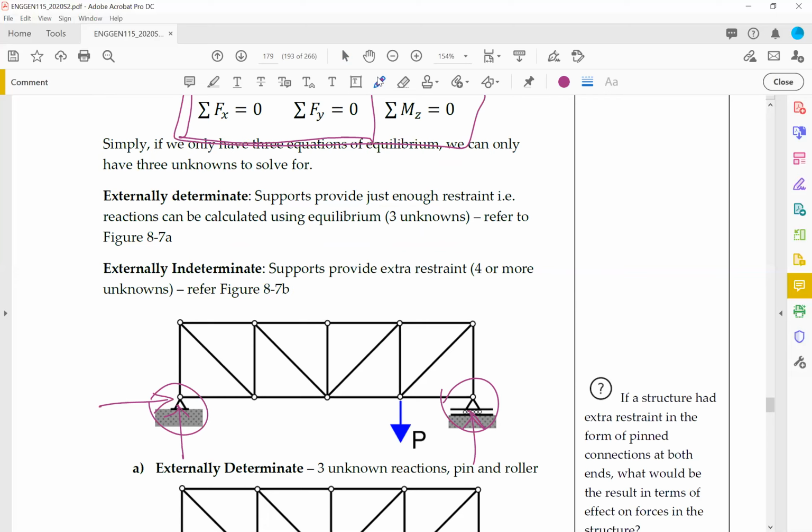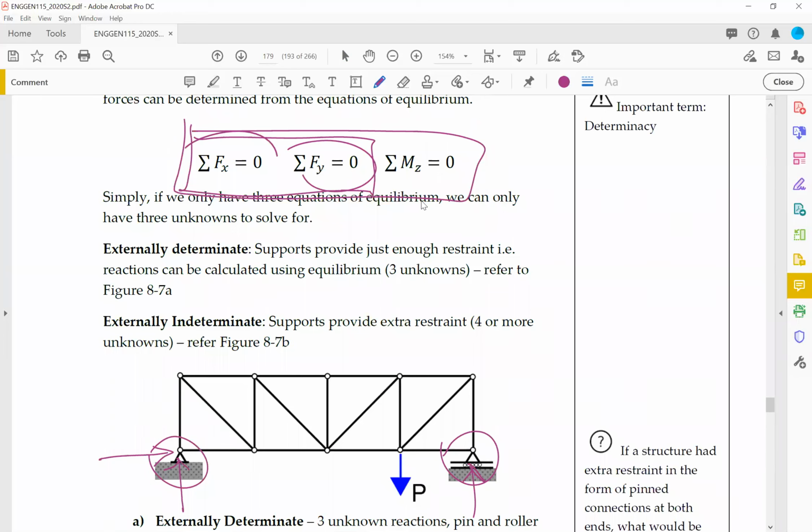So in this case, we have two supports, one roller and one pin. The pin has two reactions and the roller has one reaction. Okay, so now we have three unknowns, but we also have three equations. We have forces in the y, forces in the x, and sum of moments.